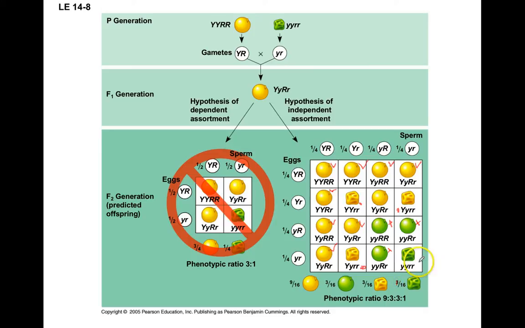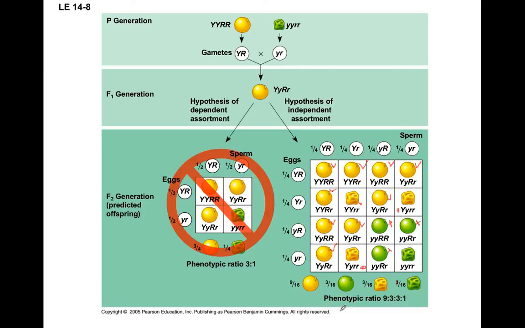So 1 green and wrinkled. Now that you have counted everything, this is yellow round, so that's why it is 9. Now that you have counted everything and all the boxes are accounted for, you know that the ratio is correct.